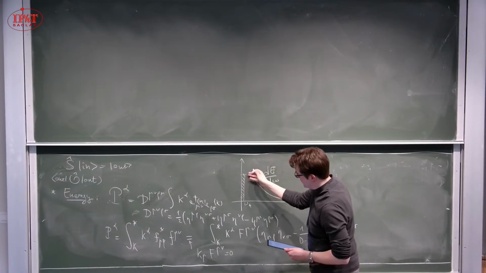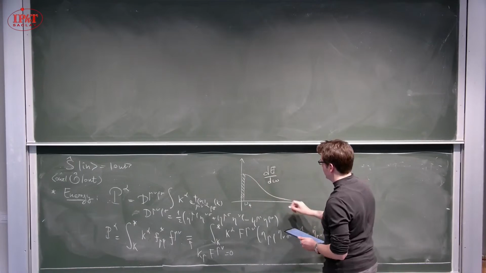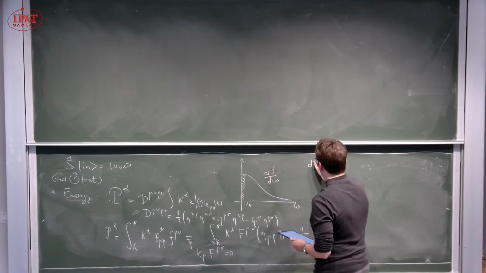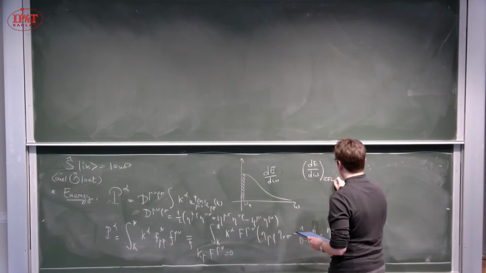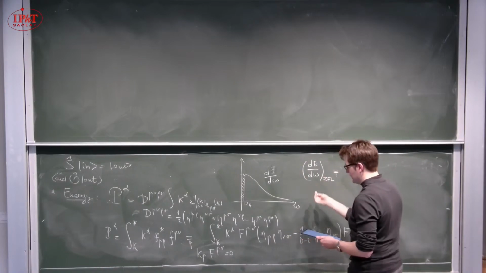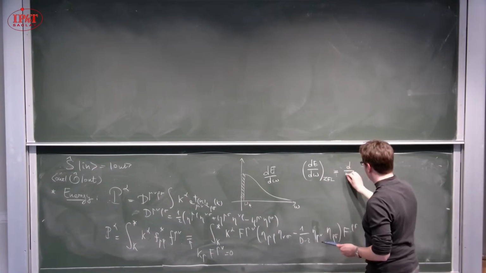So let's take the derivative with respect to omega star and evaluate directly the dE in the zero frequency limit.